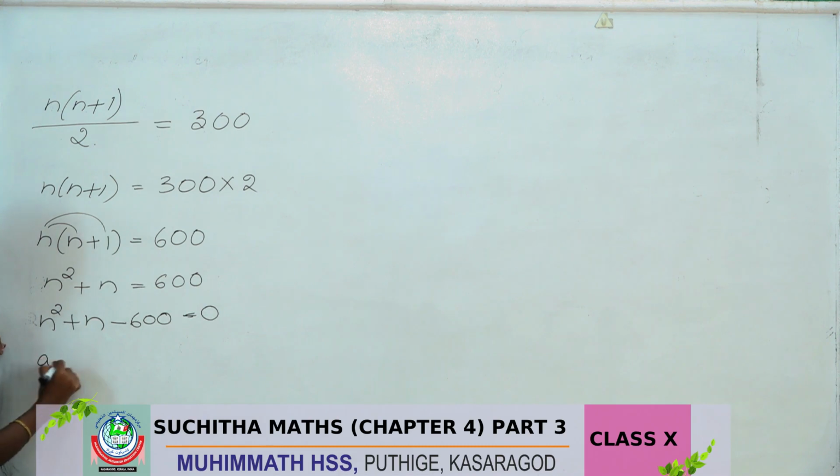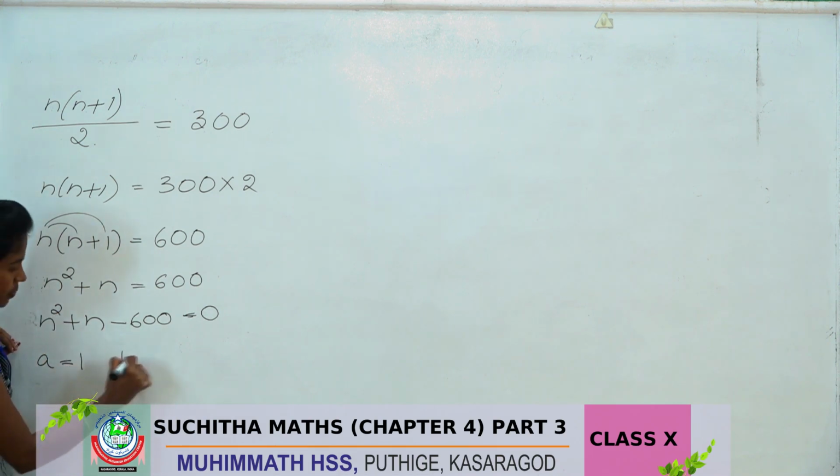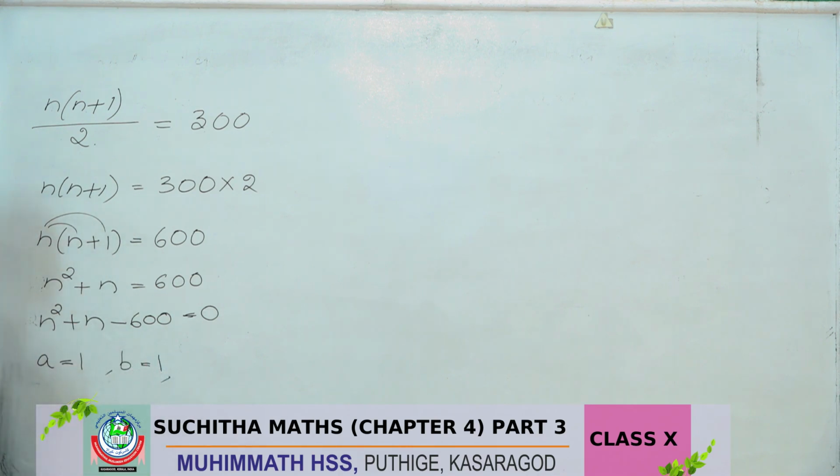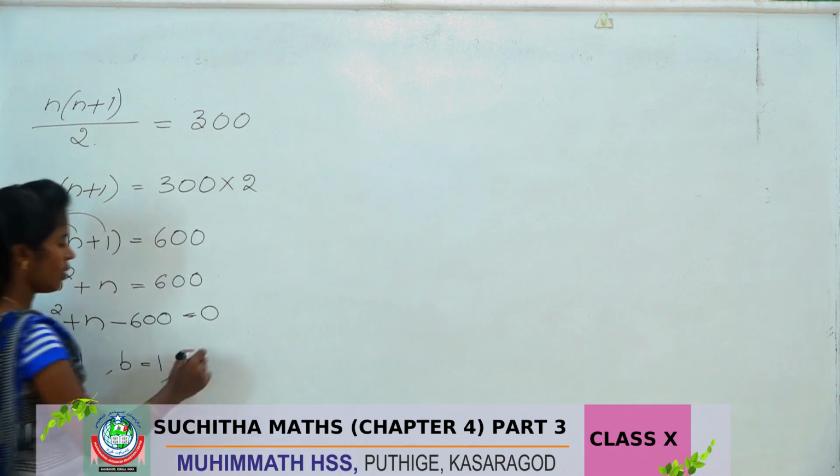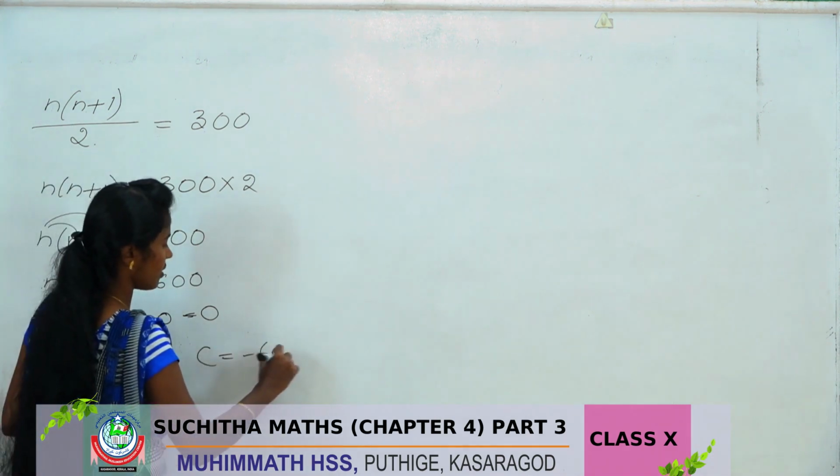The value of a is the coefficient of n square, 1. The value of b is the coefficient of n, also 1. The value of c is the constant term, minus 600.